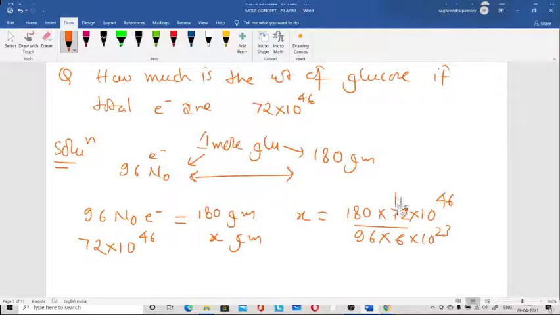Okay, 12 6s are 72, and 12 8s are 96. You can do that also. And then it is 18, so 18 will not be able to divide it. Then you can write it as 180 by 8 into 10 to the power 23 grams.